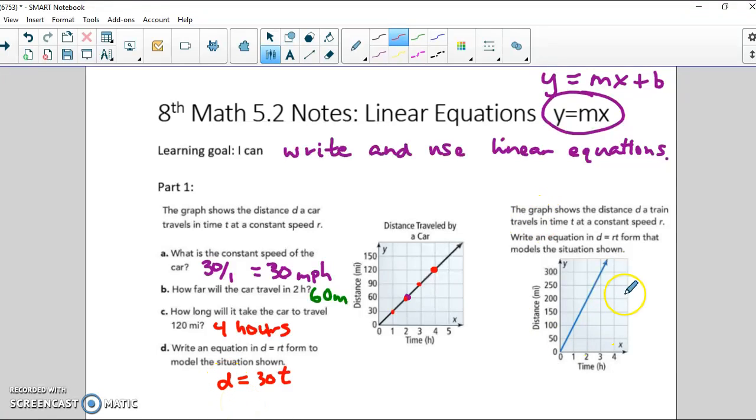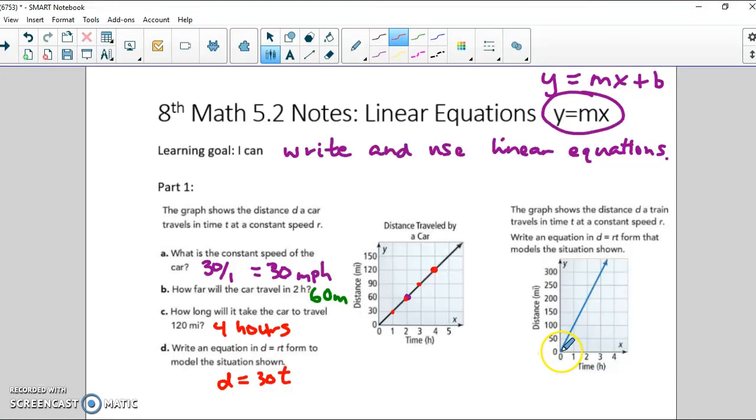All right, let's check out this example over here. This graph shows the distance d that a train travels in time t at a constant speed r. We want to write an equation in d equals rt form, where distance equals rate times time, that models this situation. So just like we did in this first example, I'm going to find that constant speed.